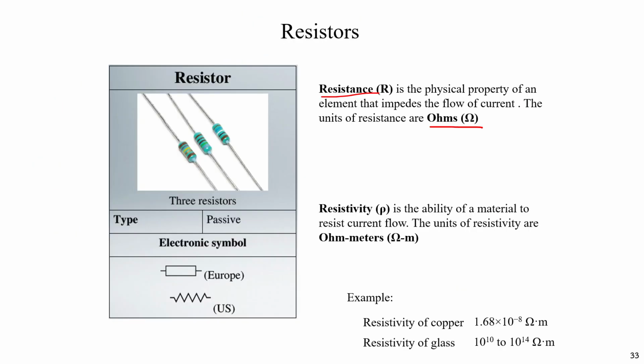Resistor is the power-consuming device. When you pass electricity to the resistor, it will heat up. It dissipates. It consumes the power. The power is gone, right?